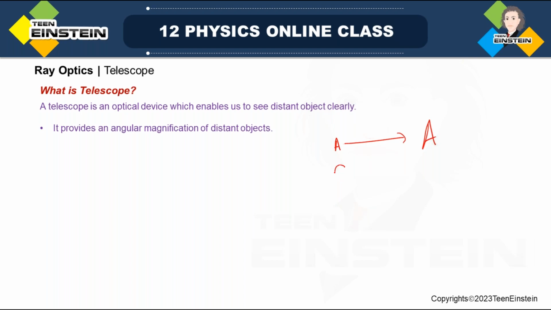If you see with your naked eye, this is the dimension of the moon maybe, but if you see in the telescope, you'll see it in a bigger size. Then you can see every detail very clearly and very neatly.